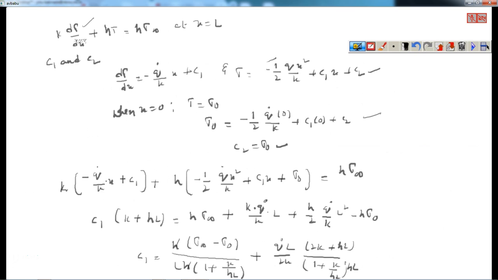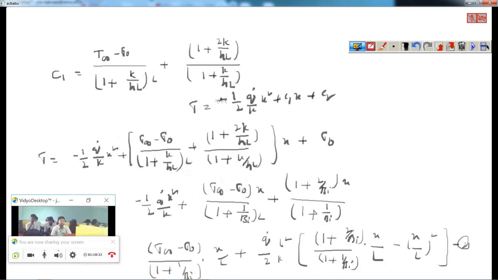I have put dT by dx as the first integration of d square T by dx square plus q dot by k, that is minus qx by k plus C1, plus h into T, the temperature at any point x, is equal to hT infinity. From this I have found C1. Once I know C1 and C2, I substitute them in the general temperature equation, and finally I reduce this form into Biot numbers.